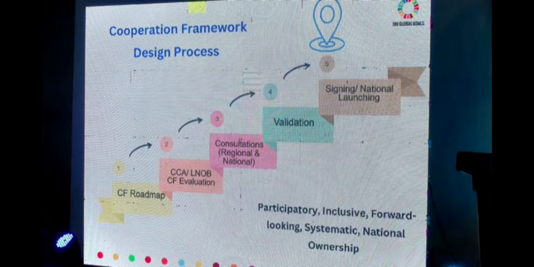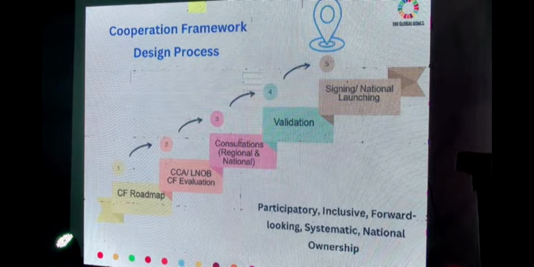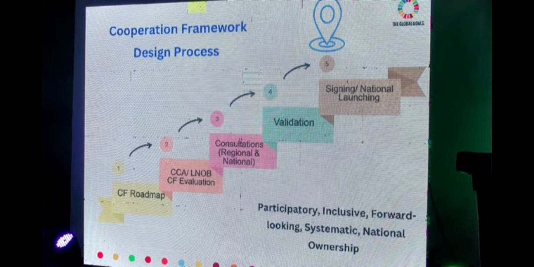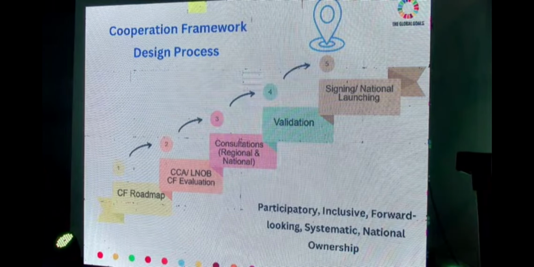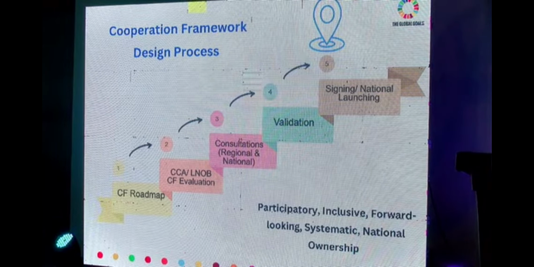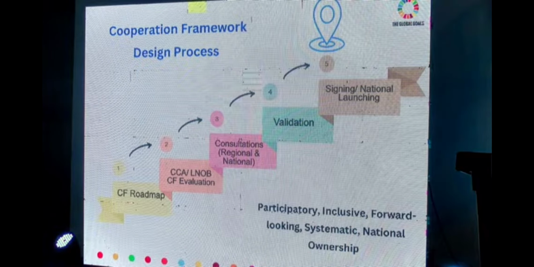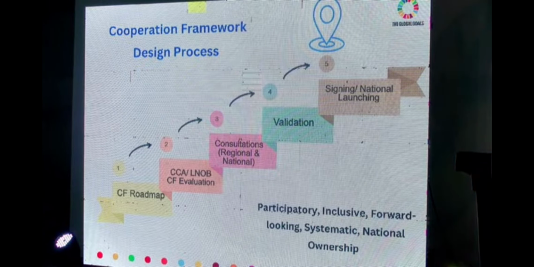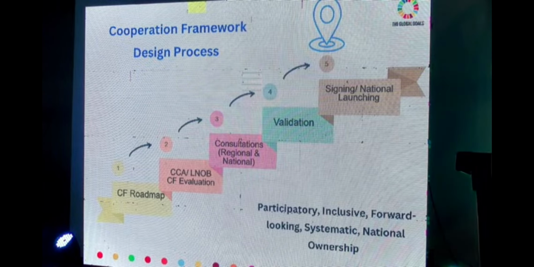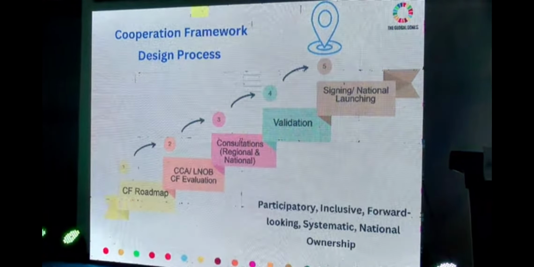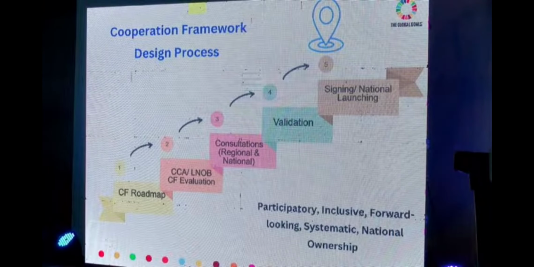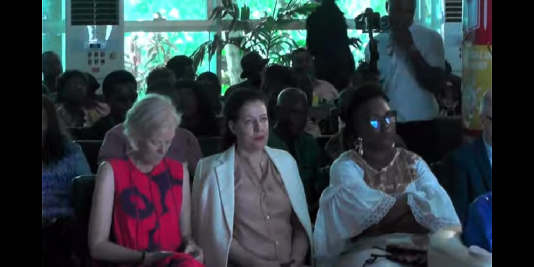In July 2023, the so-called common country analysis was done to analyze the context, the progress of Sierra Leone towards achieving the SDGs, and then also the evaluation of the current ending cooperation framework to generate lessons learned to fit into the new cooperation framework.